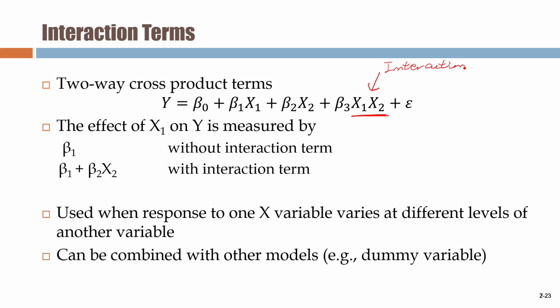then you think about the interaction term x1 times x2. So basically, you will see that beta 1 is the effect of x1 when x2 is 0. When x2 is 0, this term is gone, this is gone. So this is purely x1's effect on y when x2 is 0.